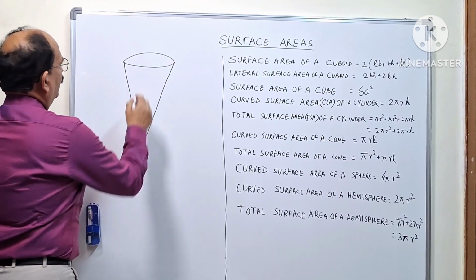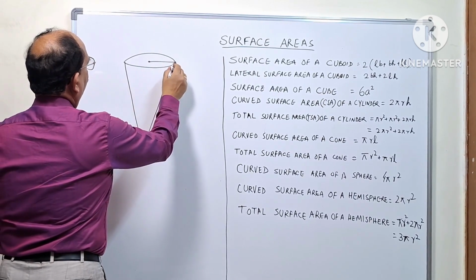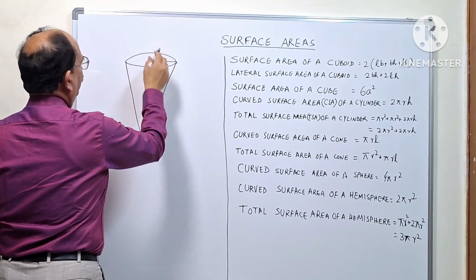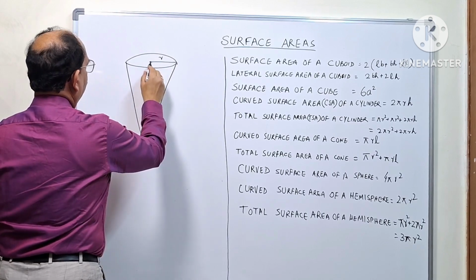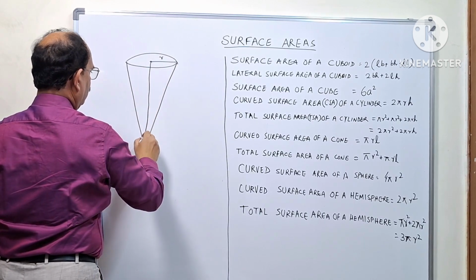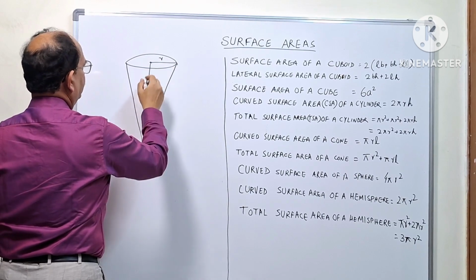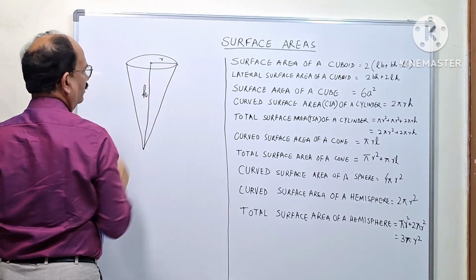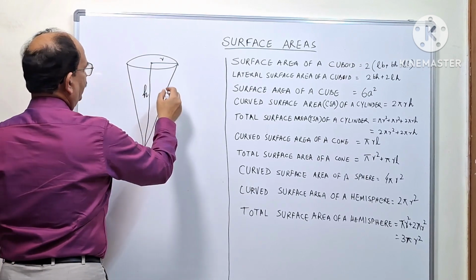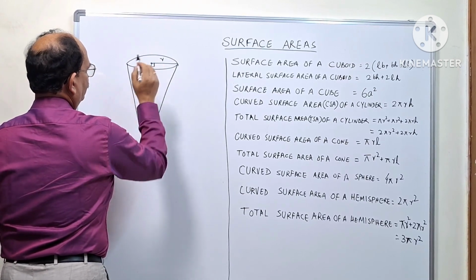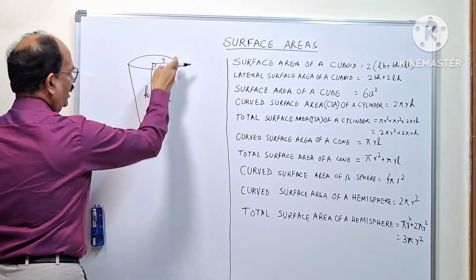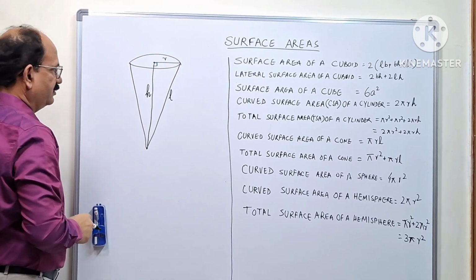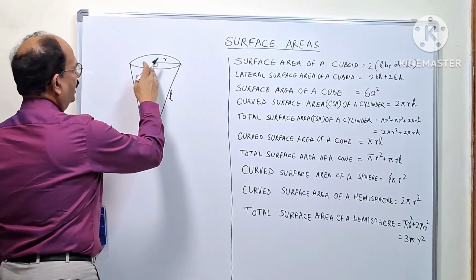Now, if the radius of the circular part is r, and the length from the vertex, the height of the cone, is h, then this angle is always 90 degrees, and this slant side is called the slant height of the cone.